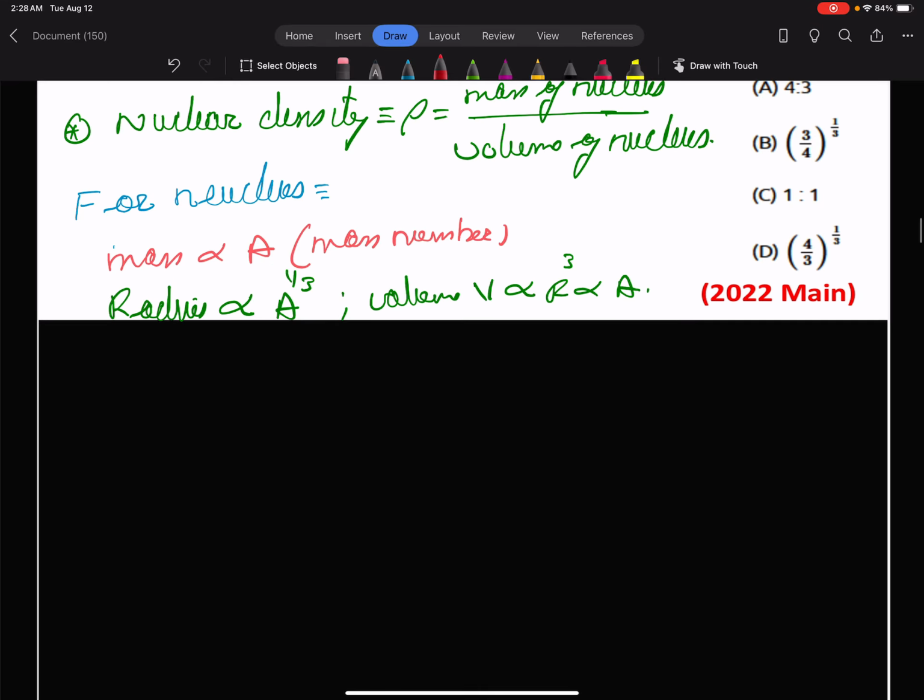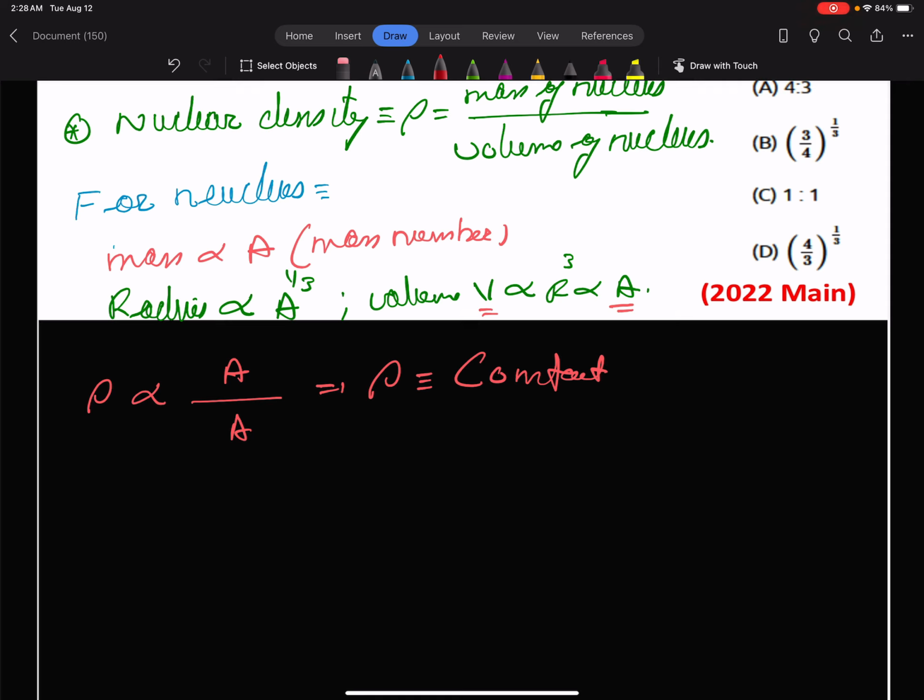Therefore, we can write that our density is proportional to mass of nucleus, which is proportional to A, and volume is also proportional to A. Therefore, we get rho will be constant.